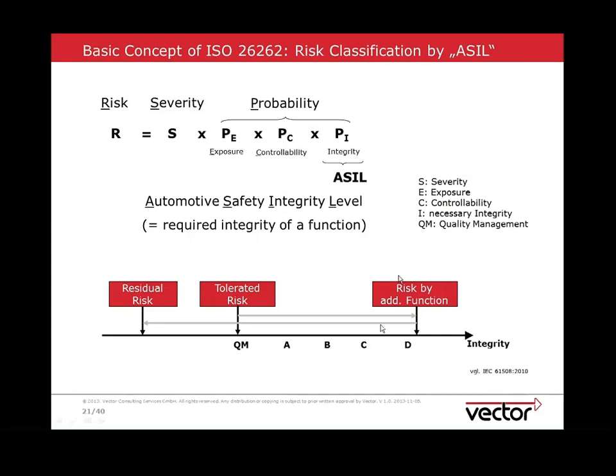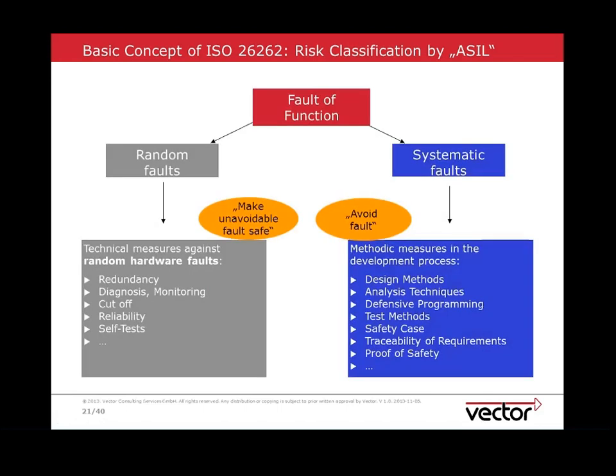That is, if we bring in a new component which increases the risk, it means that we also have to look to a higher integrity level, which is numbered A, B, C, D. And by applying the necessary methods which are required by the standard, we come back to an acceptable risk. This is the simple logic of the ASIL classification and what the standard really contributes.